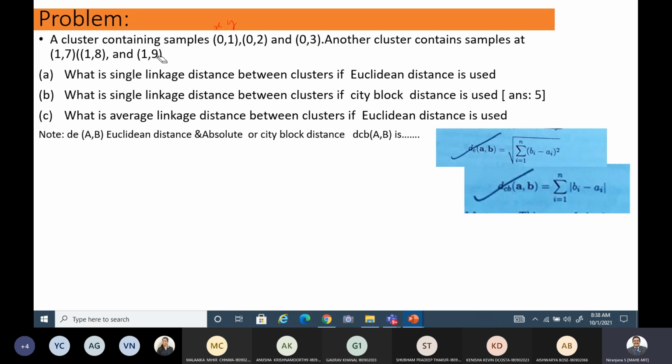This is very clear. And even clusters are also given. Have you observed that? Two clusters are represented here, so you are already given two clusters, correct?